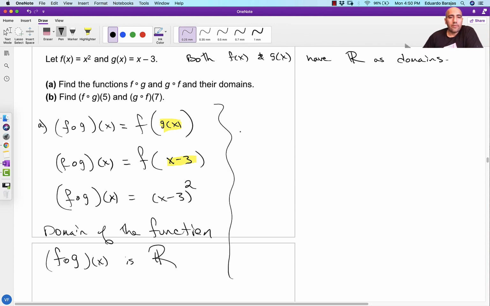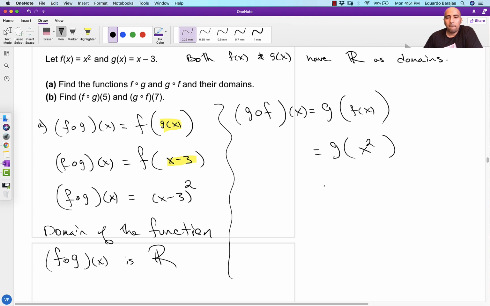Okay, what about this one? We have g composed with f, right? So it's almost the same, except we flip around the g and the f. This one is defined to be g evaluated at f of x, which means g evaluated at x squared. The g tells you whatever the input is, subtract 3.